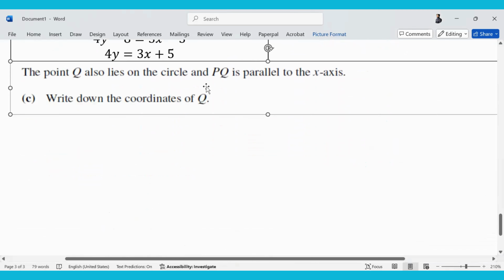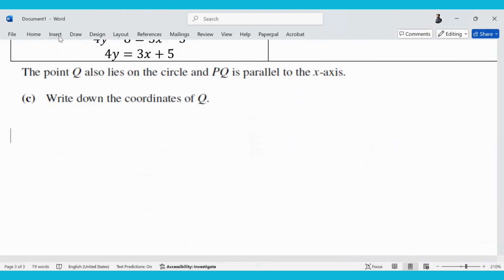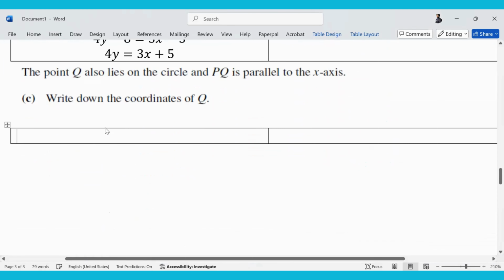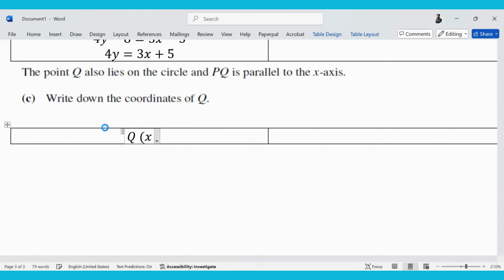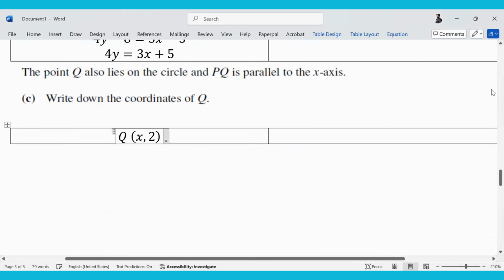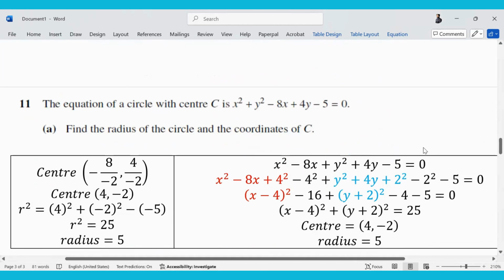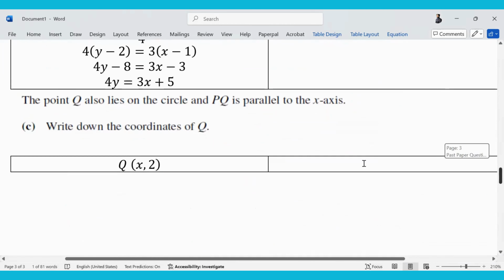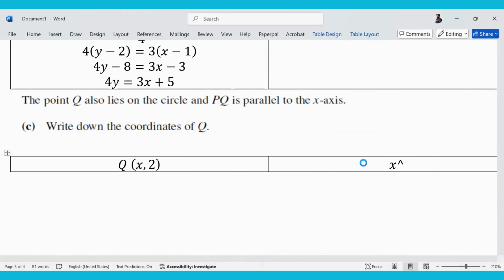I asked you initially, can I use the equation of the circle to find Q? तो Q का मुझे x coordinate नहीं पता, but y is 2. Now any form of the equation of circle I can use. Original use कर लेते हैं x square plus y square minus 8x plus 4y minus 5 is 0.